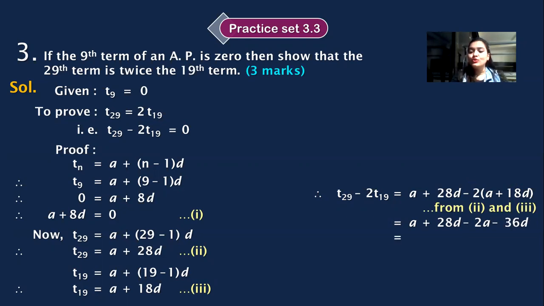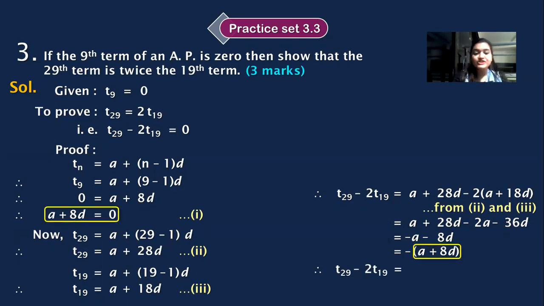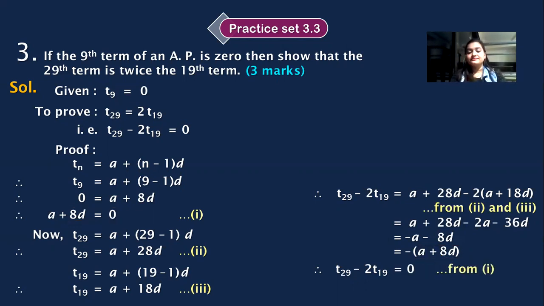A minus 2A gives you minus A. 28 minus 36 gives you minus 8D. In the first term, you have a minus sign, so you will take it common. Inside the bracket, it will be A plus 8D. And guys, A plus 8D is nothing but 0 from your equation number 1. And I am getting the answer.